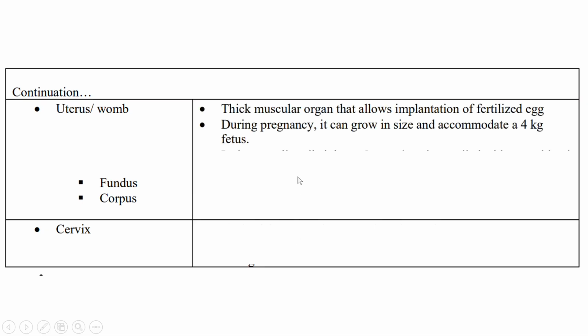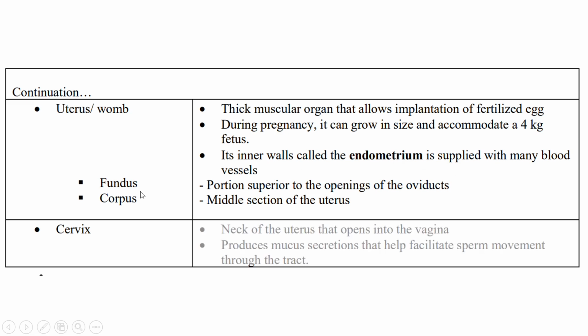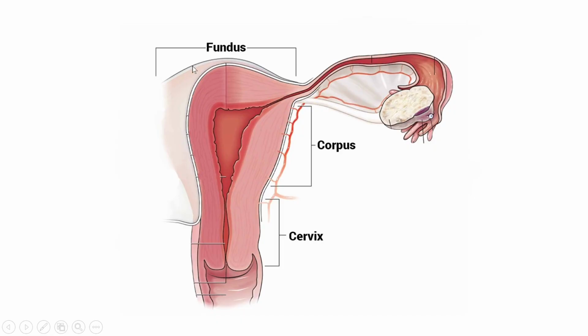So don't forget the uterus. This is where the implantation of the fertilized egg happens, and interestingly, it can grow in size to accommodate a 4-kilogram fetus. More importantly would be the layer of endometrium that supplies the blood vessels. So you have the fundus and the corpus as part of that. So this is the fundus.